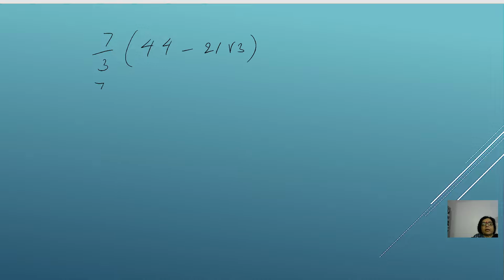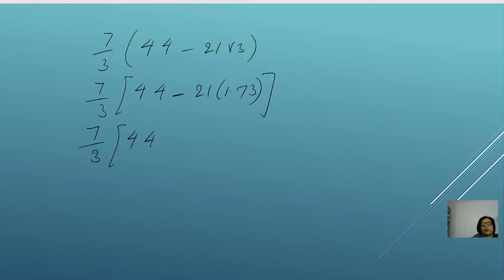So here this becomes 7 by 3 into 44 minus 21 into 1.73. Value of root 3, two places of decimals. So this becomes 7 by 3, 44 minus, this is 63, carry over 6. This becomes 147 plus 6 is 153, carry over 5. And this becomes 36.33.